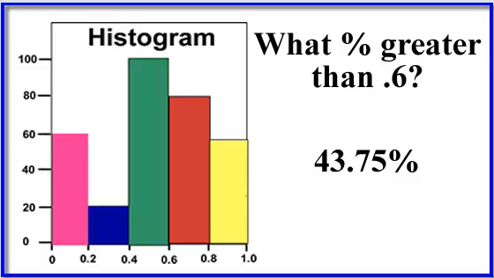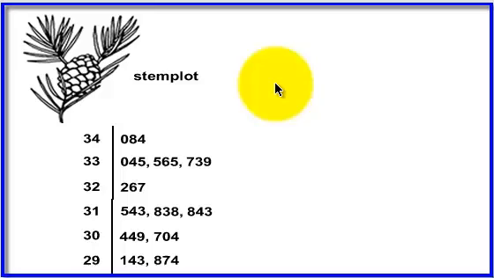It's kind of sneaky. You got to know about stem plots to a lesser degree. Stem plots aren't really used that much anymore, but let me show you just to be on the safe side. So here's a stem plot. These numbers out here are the stems, and these are the leaves. It's just a quick way to write a bunch of numbers without repeating yourself.